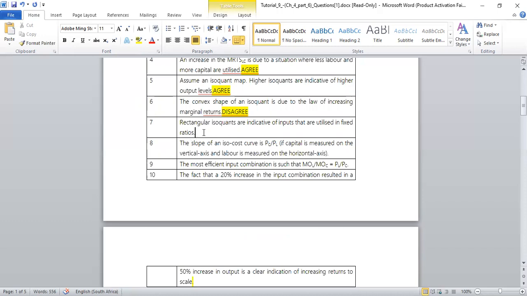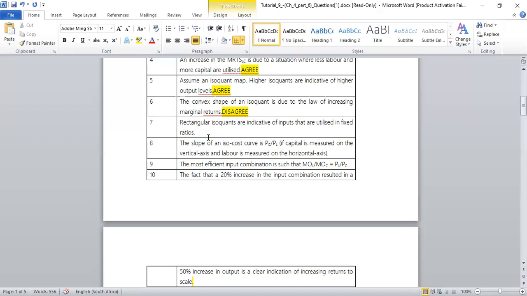Yes, guys, remember, isoquants are convex because of the law of diminishing return. We've already covered that. But when production requires fixed input ratios, isoquants will be rectangular. Let me repeat this. We agreed that isoquants are convex because of the law of diminishing return.